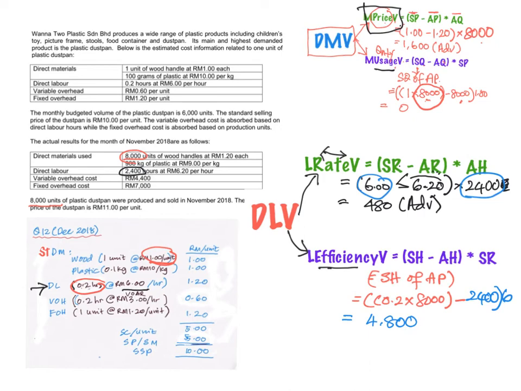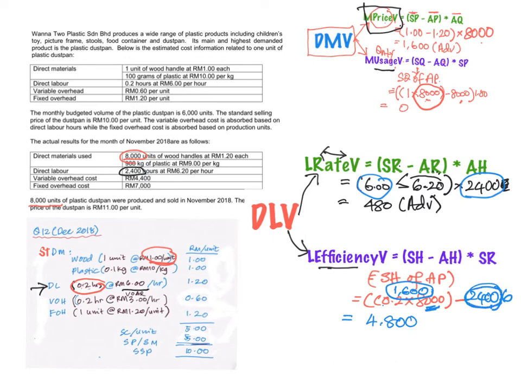So is this favorable or unfavorable? When you compare 0.2 times 8,000, you are going to get 1,600. And then you compare it with your actual hours, 2,400. So you can see that to produce 8,000 units, standard says you only need 1,600 hours. However, you have used 2,400 hours.